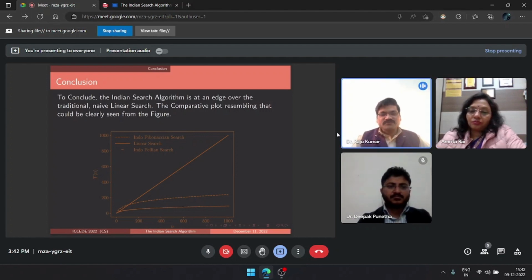We have made some efforts in between, not the better one, so we cannot say that the Indian search algorithm is better than all other algorithms. Yes, sir, it could be further extrapolated for the Indian sorting algorithm, and I, with my guide, am working on that. So probably we will find something better.